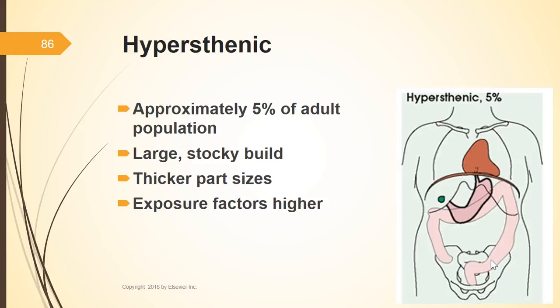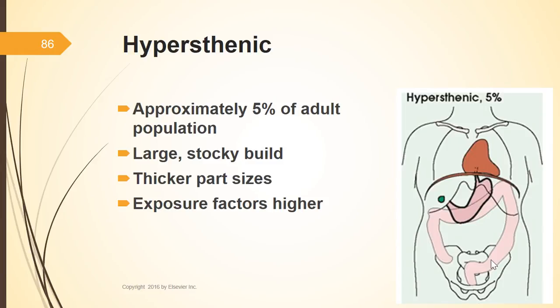Then you have hypersthenic, a large stocky build accounting for about 5% of adults. I honestly think that number has probably changed, but this is still the number that's in our textbooks. You probably had all this in your patient care class also. These individuals have thicker part sizes compared to sthenic or hyposthenic, so exposure factors are much higher.